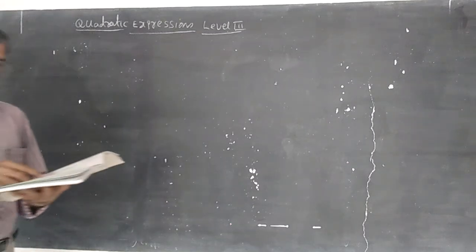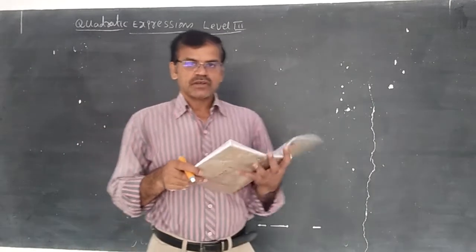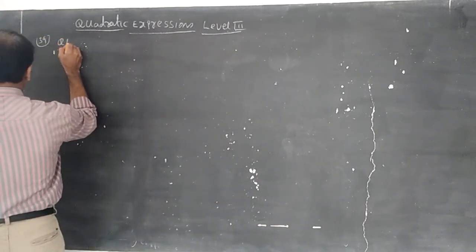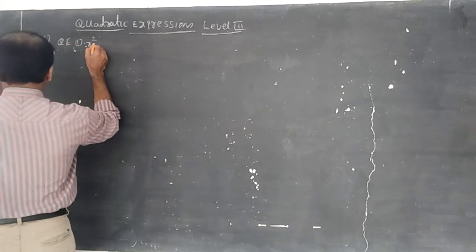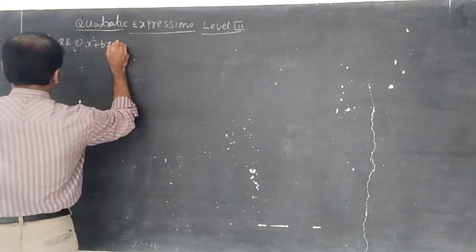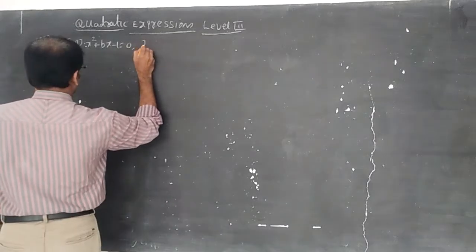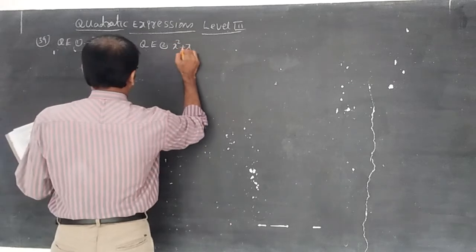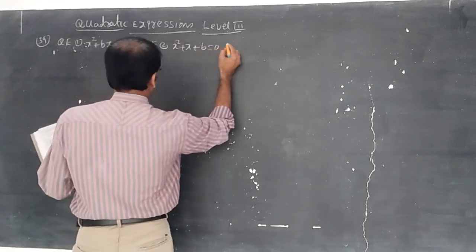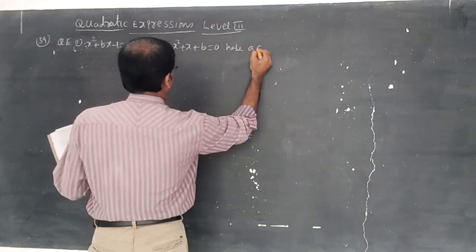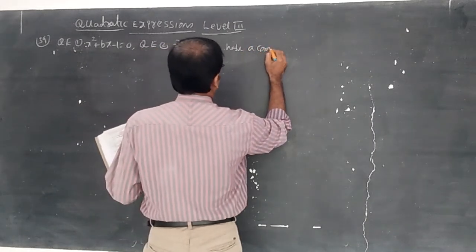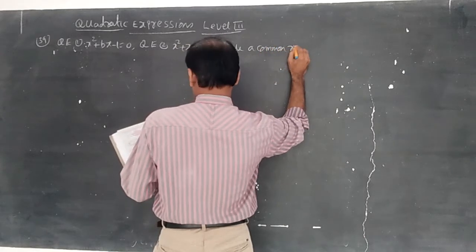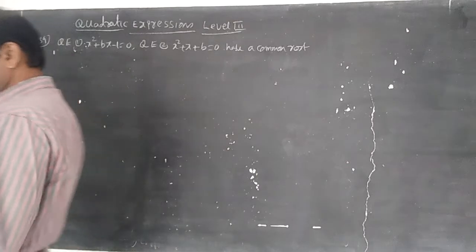The 39th question: a value of b for which the equations x square plus bx minus 1 equal to 0, quadratic equation 1, and x square plus x plus b equal to 0, quadratic equation 2, have a common root. Have one root in common.